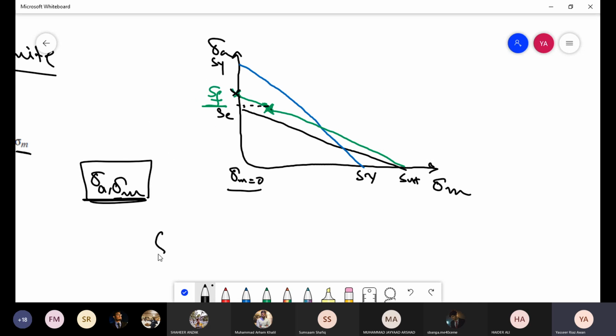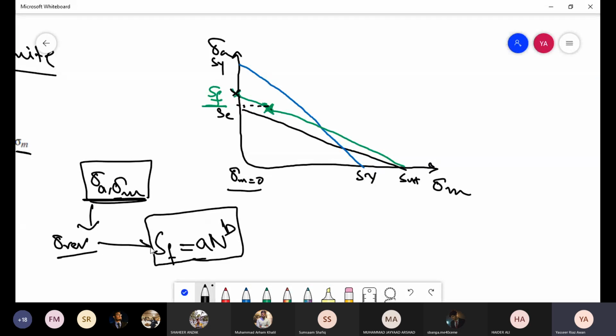And then for that fatigue strength, we can use this formula to find the number of cycles. So it will basically convert this into sigma reversible, equal to this fatigue strength, and that can give you the number of cycles.